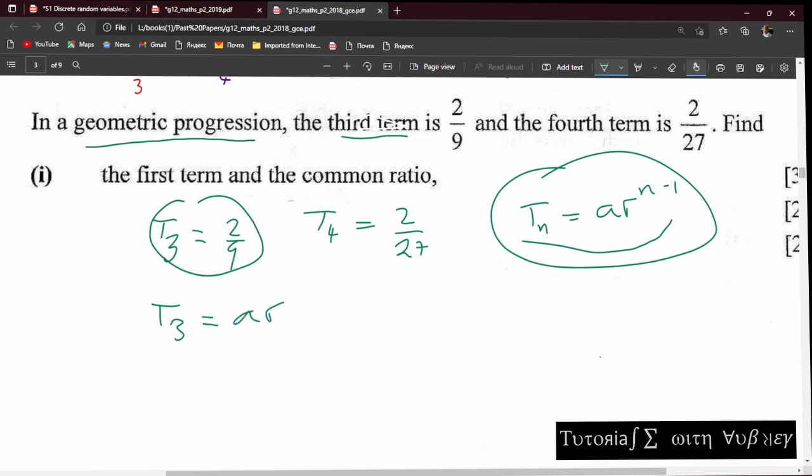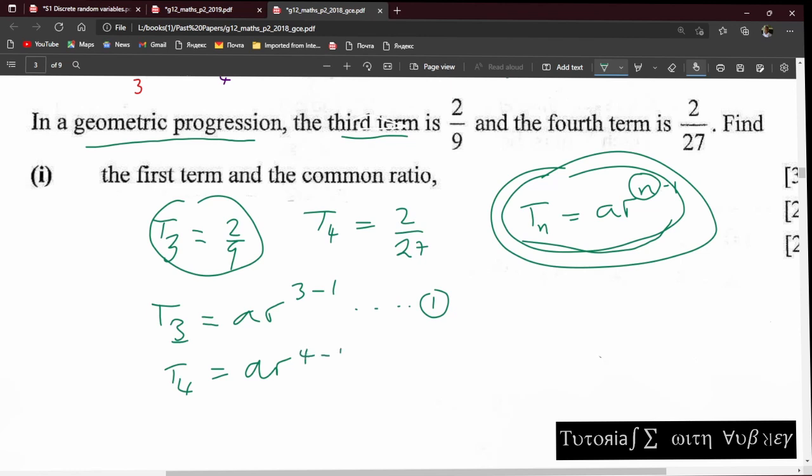We said N takes the place here, so it is 3 minus 1. So this is our equation 1. Our equation 2 is T4, which is equal to, we replace in this formula, A R again, the same thing. N is 4, so 4 minus 1.